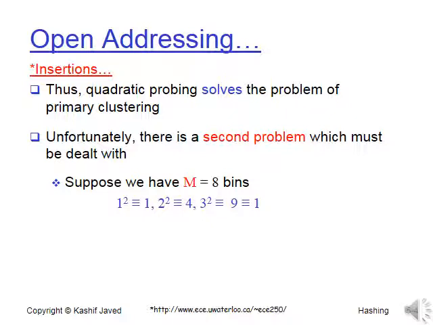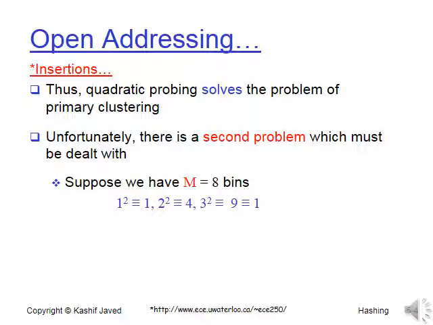Suppose we have table size m equals 8 bins. Then 1 squared equals 1, 2 squared equals 4, 3 squared equals 9, which basically equals 1 if we apply wraparound. What this implies is that when a collision happens in any of the bins, the next index chosen is in a fixed manner.